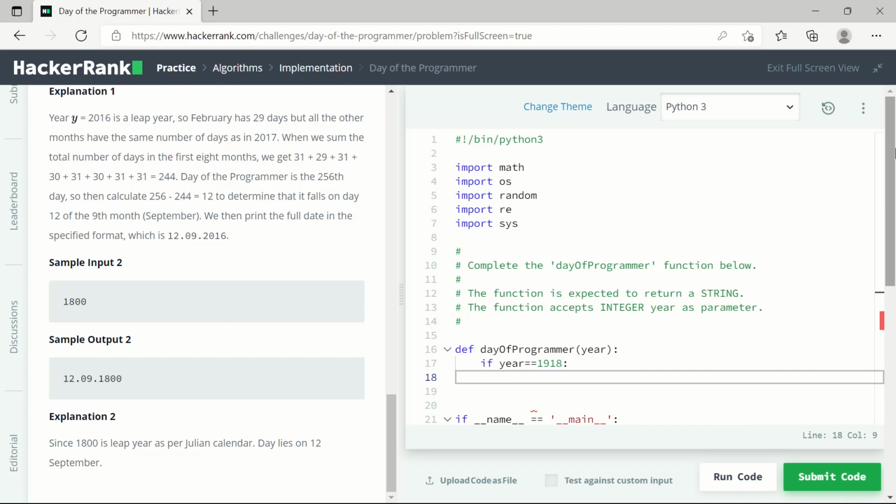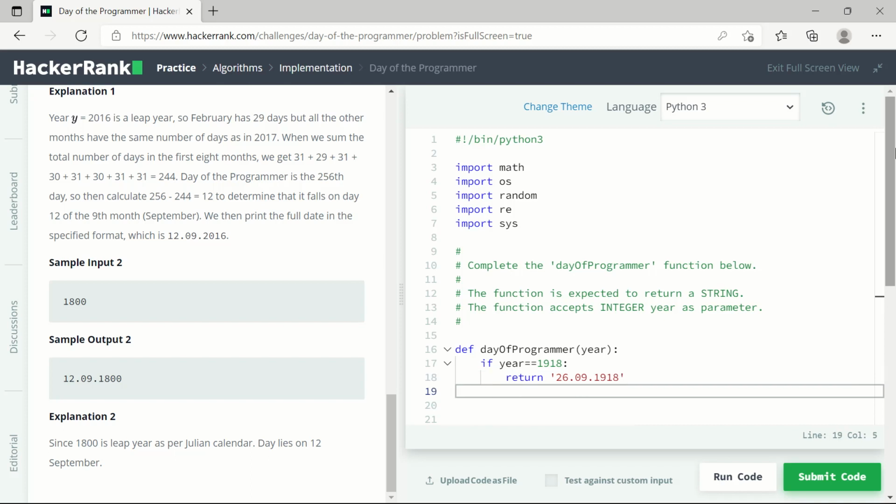Now, accounting for those 13 missing days of the year 1918, we add them to 13th of September and we get 26th of September 1918 as the 256th day. So here I am going to return 26th of September 1918. Now let's write the conditions for leap years.